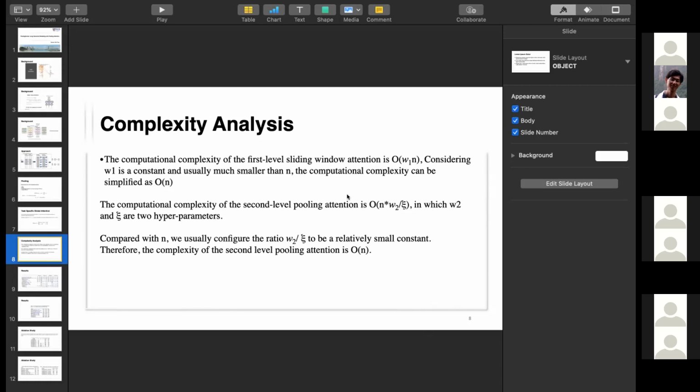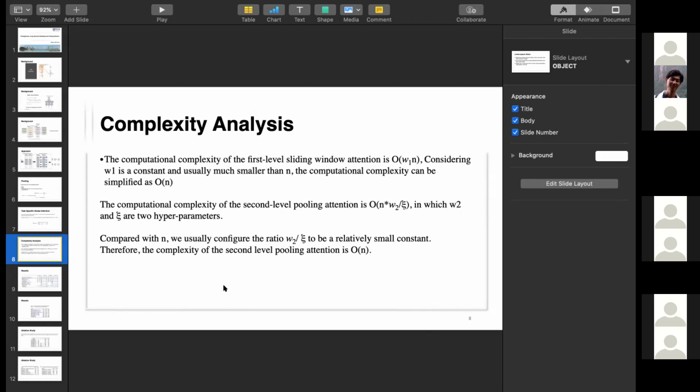And for the second level, we have W2 as the sliding window size, so it becomes linear. But actually, I feel it is definitely simpler than O(n squared), but more complicated than linear. But it's linear to the length of the input.